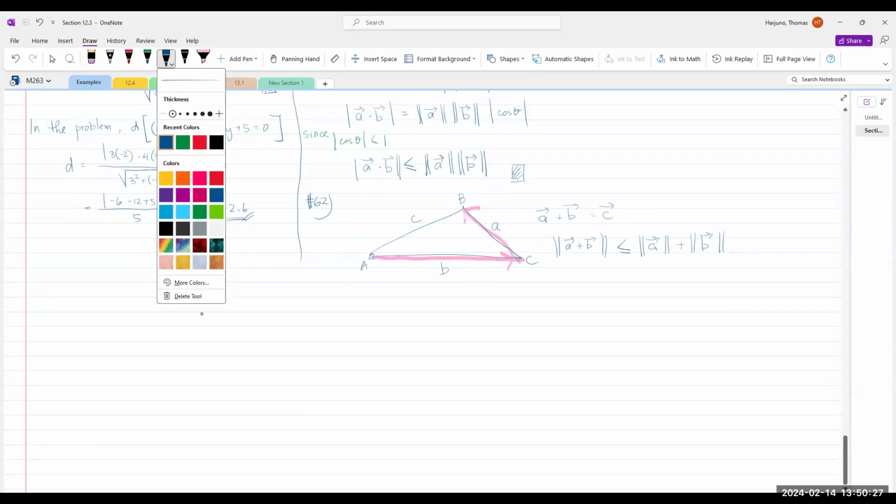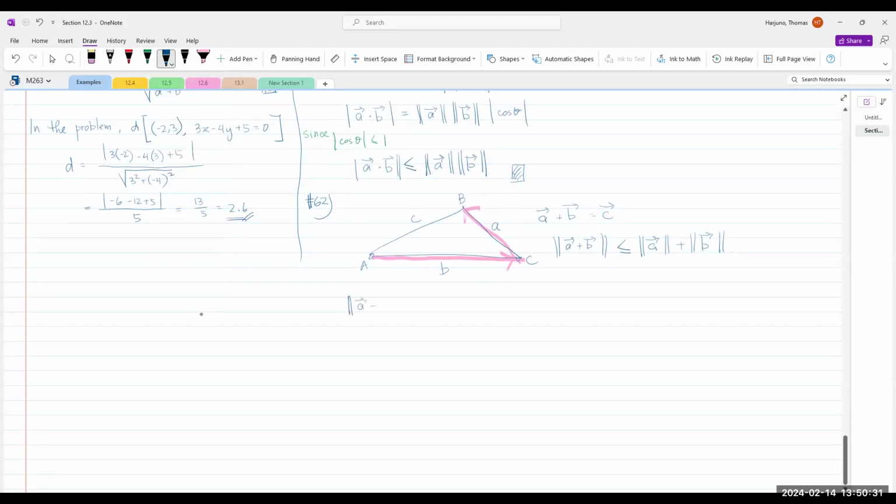The idea is as follows. If I have vector A plus vector B, the length of that, we know, will be at least 0, right? This at least 0 is actually an important argument we need later on. Let me just put it there for now. Therefore, if I square both sides, the magnitude of A plus B squared will still be at least 0, right?